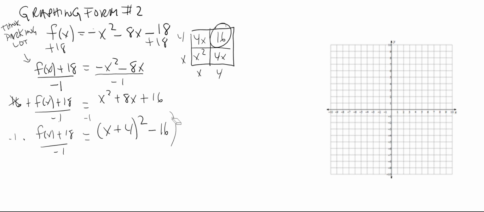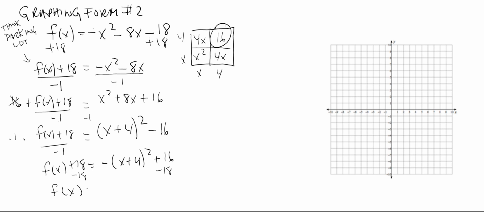So what you end up getting is f of x plus 18 equals negative x plus 4 squared plus 16. And then I'm going to subtract 18 on both sides. So then I'm going to get f of x equals negative x plus 4 squared minus 2.